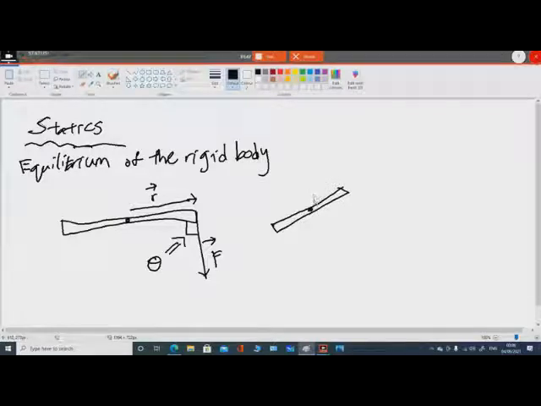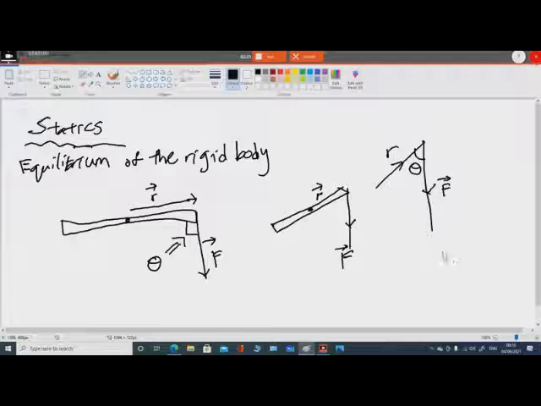This is our R and this is our F. As I draw it in a simplified diagram, this will be my R and this will be my F. This one will be my angle. So this is how we determine the location of the angle.